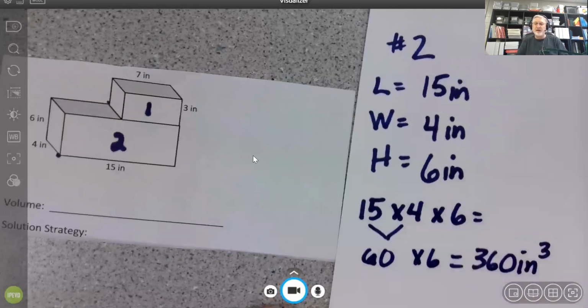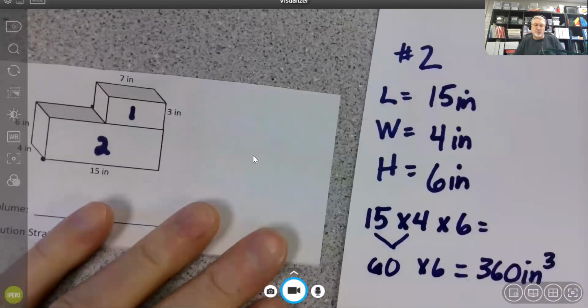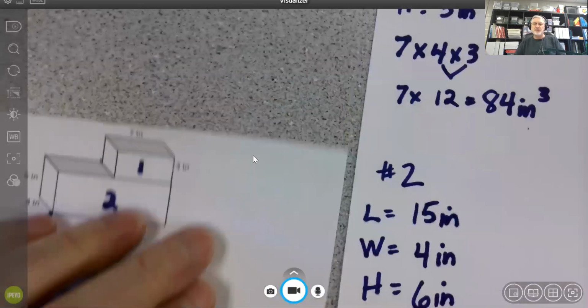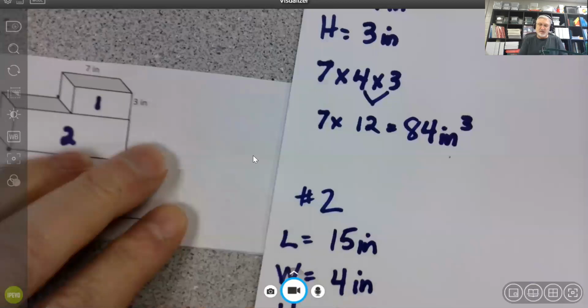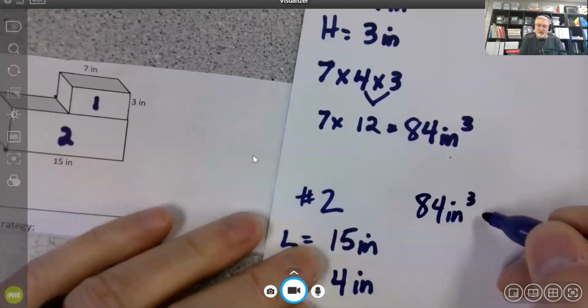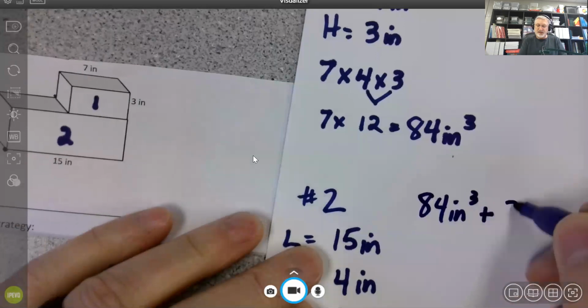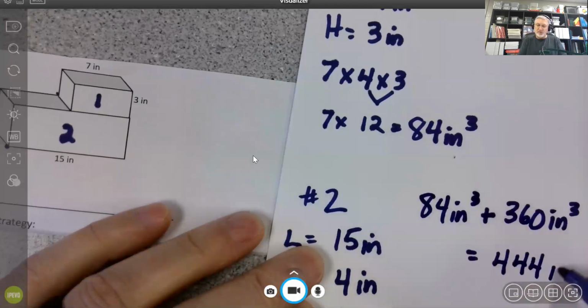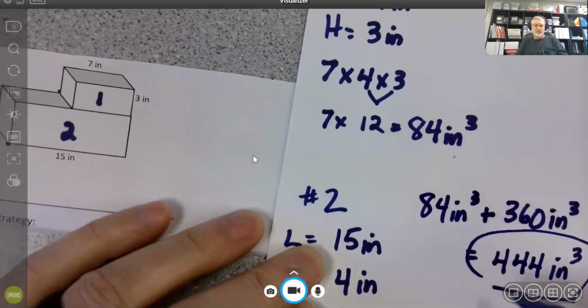So I now have my volume for shape 1 and shape 2 of this irregular shape. So I'm going to add those two together. So I have 84 inches cubed plus 360 inches cubed, and that'll give me a total of 444 inches cubed as my total volume.